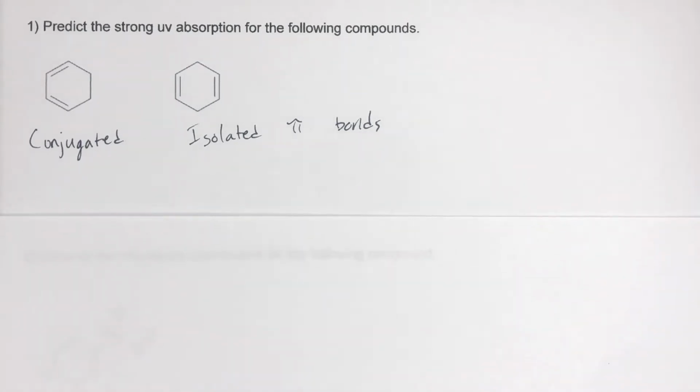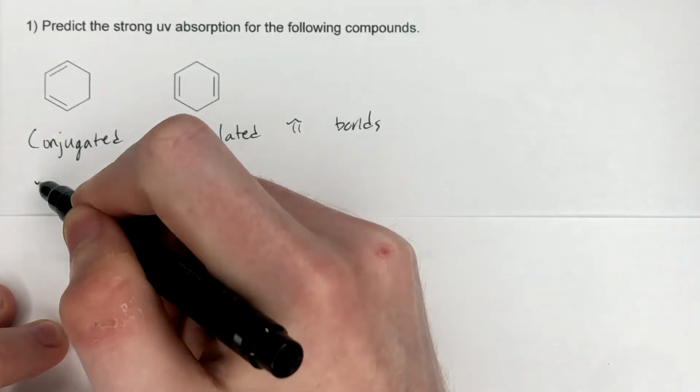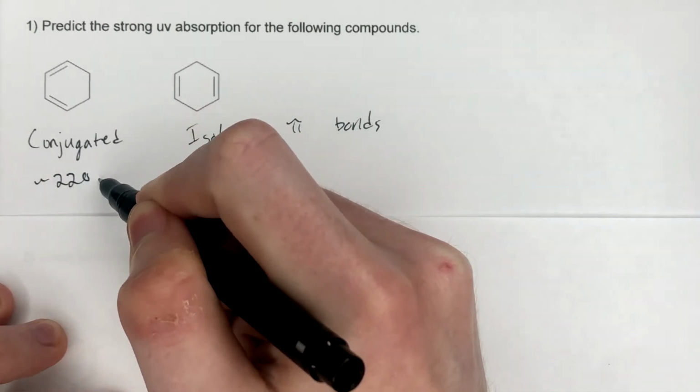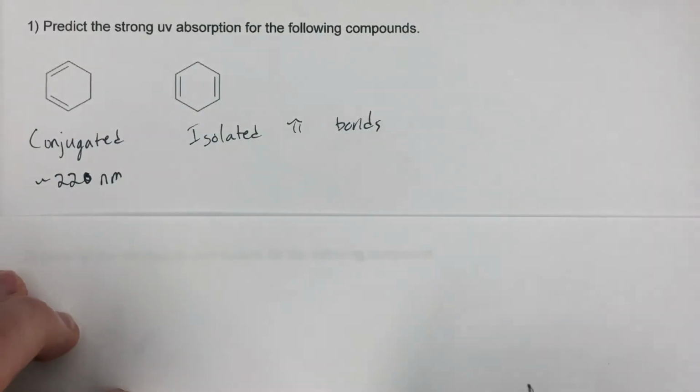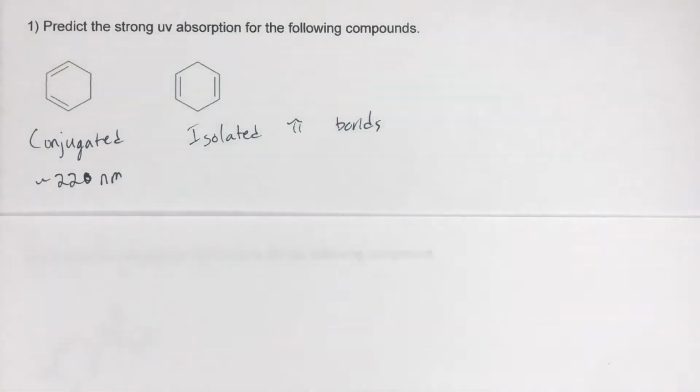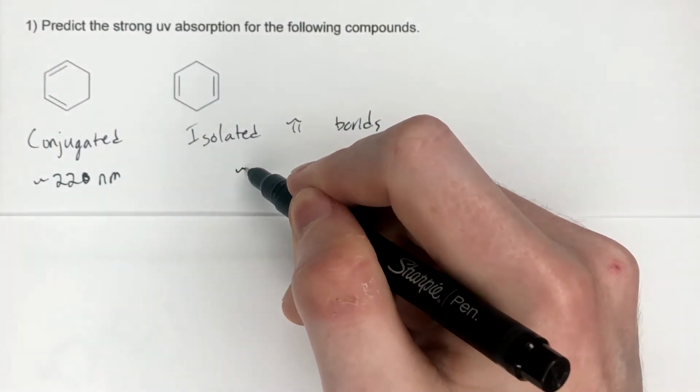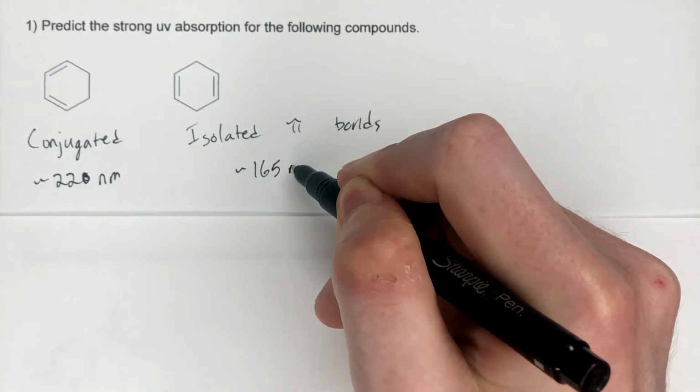So in general, for a 1,3 conjugated diene, like is the case here, the UV absorption is approximately 220 nanometers, give or take depending on the specific compound. And in a question like this, they really want the approximate value. So 220 is about accurate. And then for isolated pi bonds, it is approximately 165 nanometers.